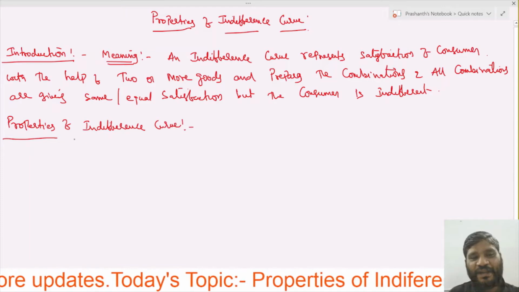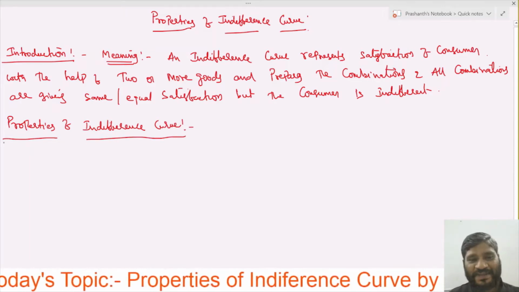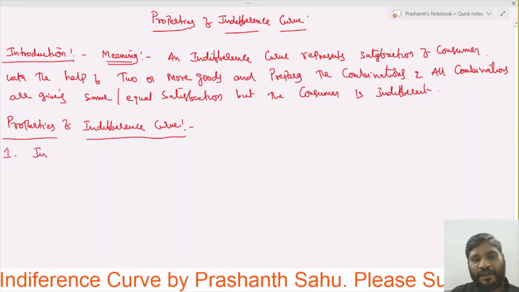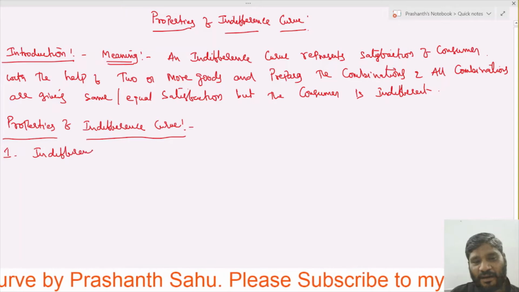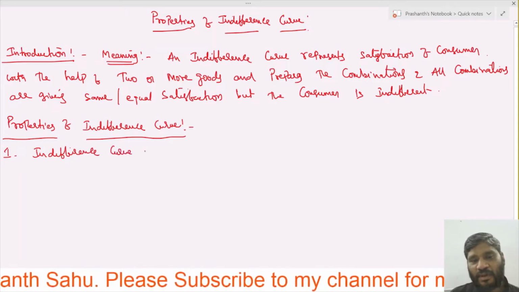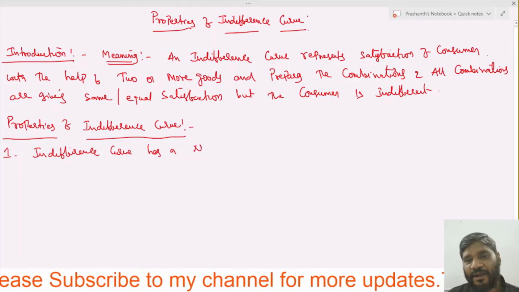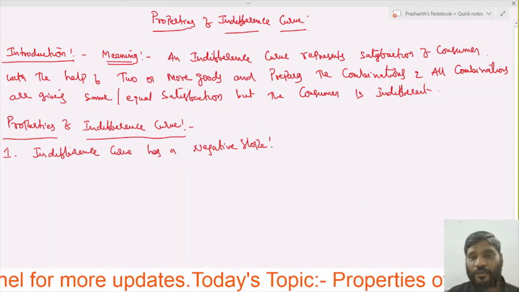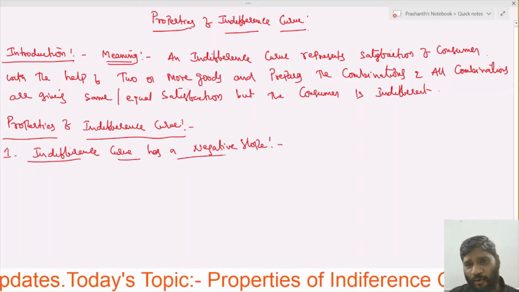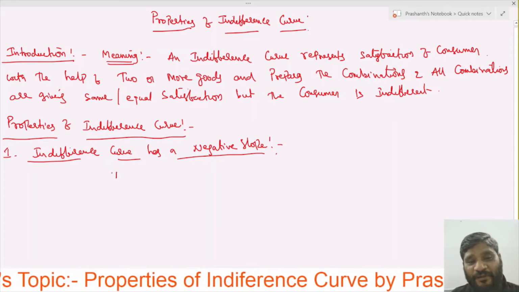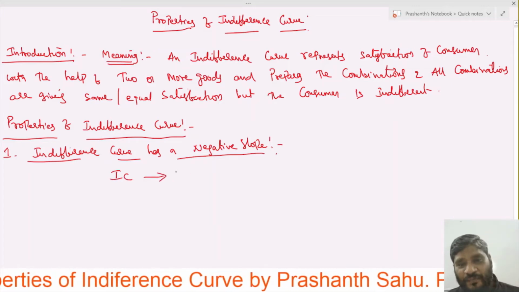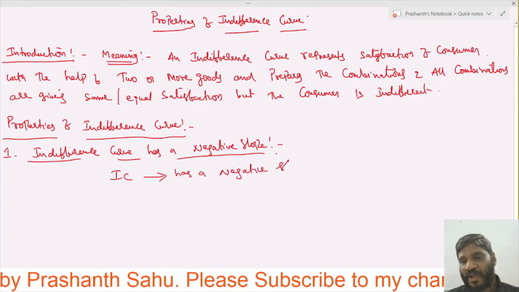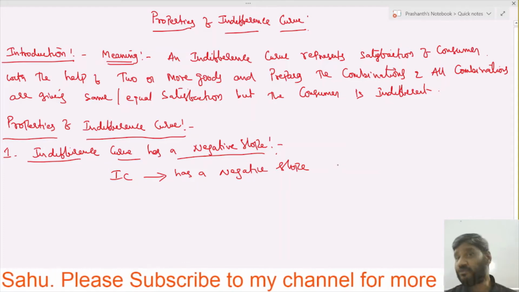Under that, number one is that the indifference curve has a negative slope. Yes, so this is what we are going to discuss. In the previous topics we have discussed, the IC curve has a negative slope.